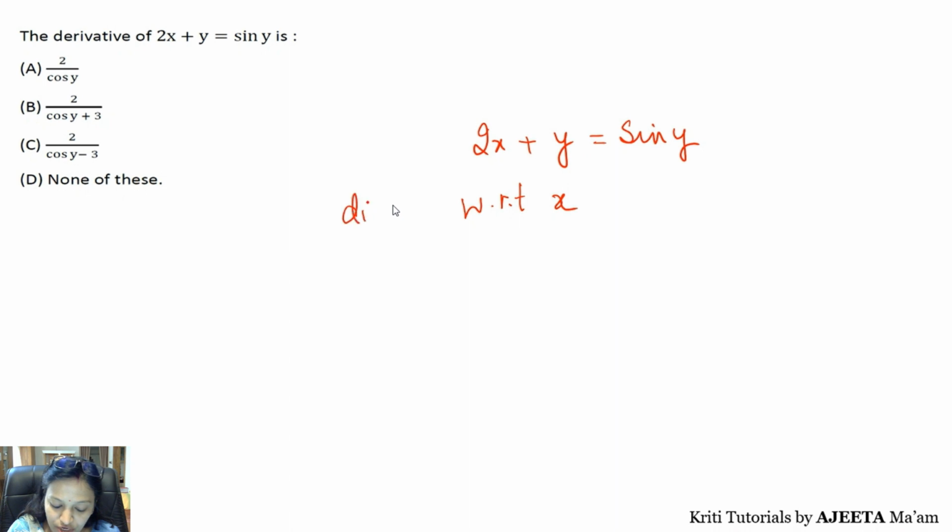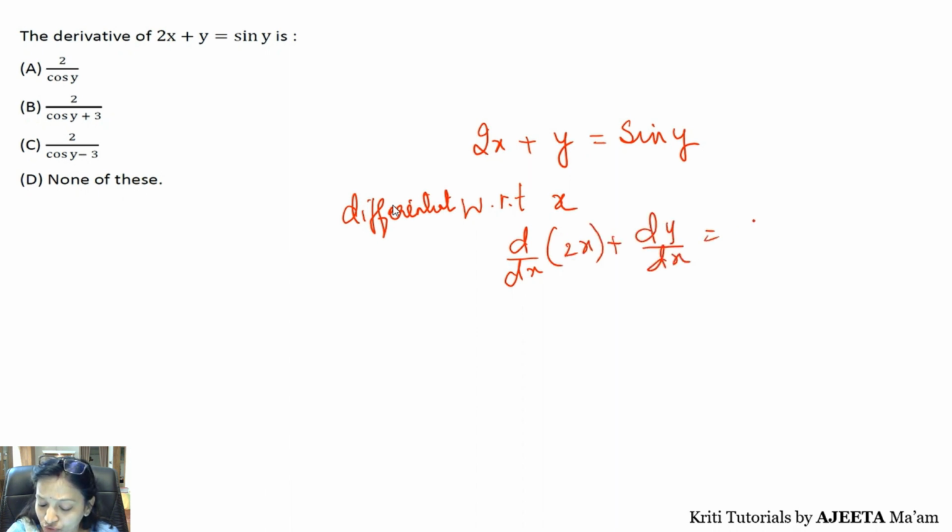So differentiating both sides with respect to x. So if I differentiate the first one, no need to write in detail if it is an MCQ. But if it is a subjective question, then you have to write this step for sure. Clear? Now what's the answer?